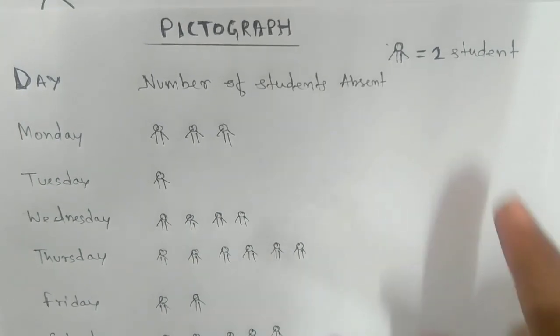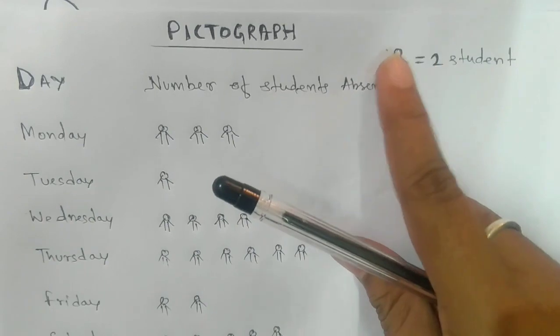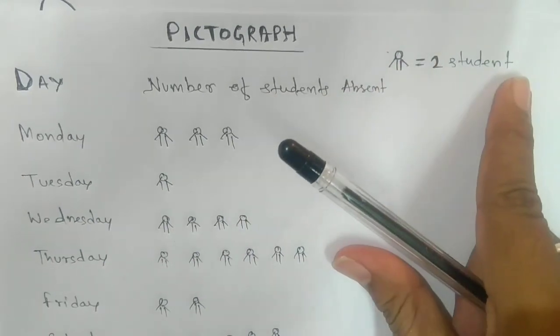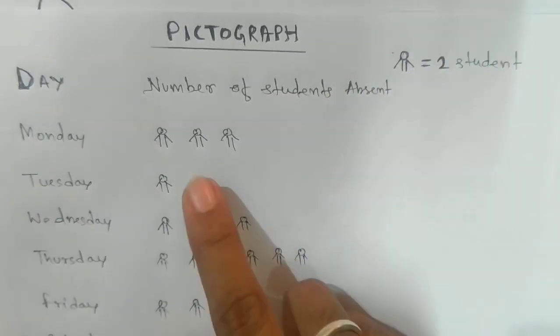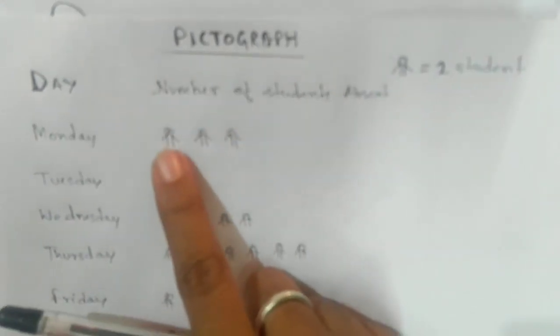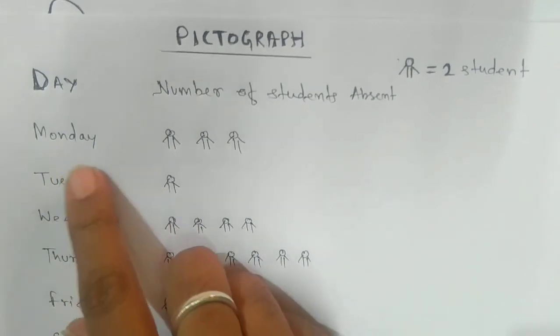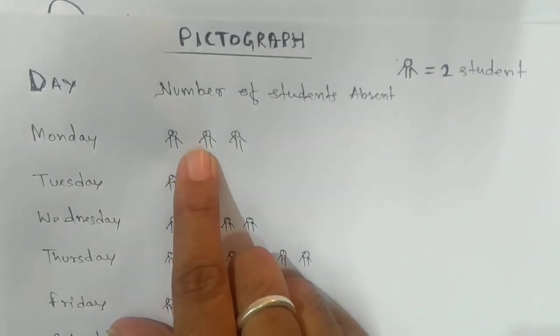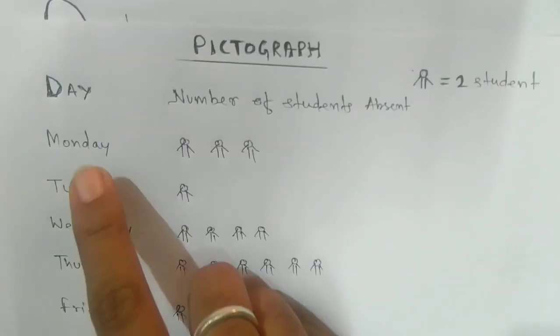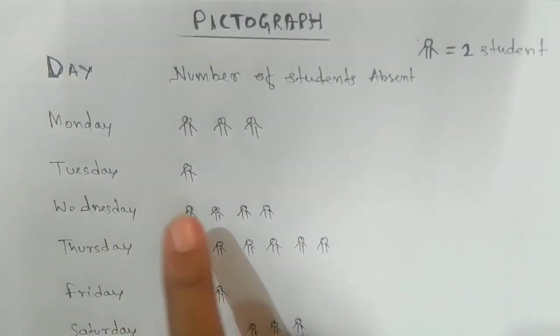Here you can see we have taken a scale. We call this one the scale. Here one picture represents two students. That means if a number of students are absent, how many students are absent here? Two. There are 6 students absent on Monday. Here the data represents 6 students absent on Monday, 1 student absent on Tuesday.